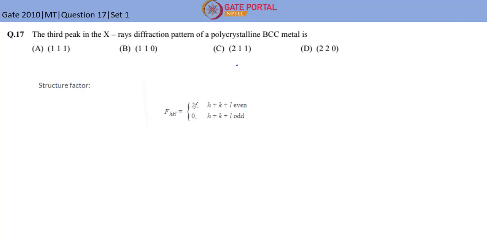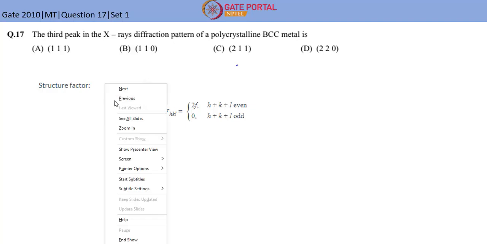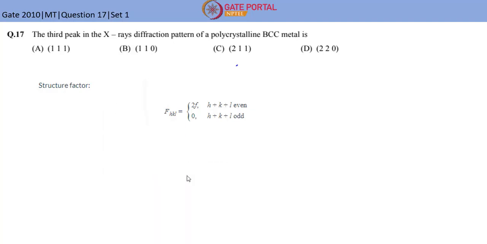So the structure factor for BCC material tells us that, when HKL denotes the plane, if H plus K plus L is even, then we will have intensity in the X-ray diffraction pattern, and when H plus K plus L is odd, the intensity will be 0.